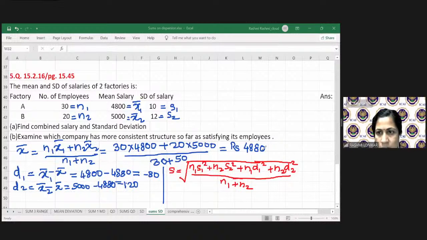Once you solve this, what will you get? You have to use your calculators and find out. You will get 98.58.